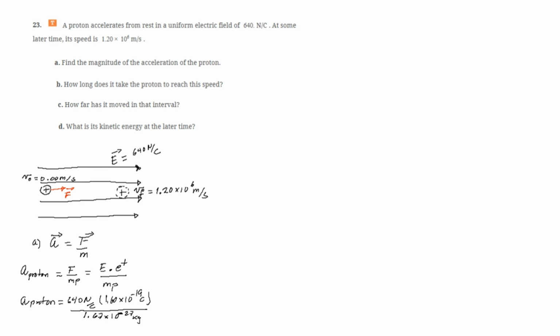So when you perform these operations, we get that the acceleration of the proton is approximately 6.13 times 10 to the 10 meters per second squared. This would be the acceleration of the proton.